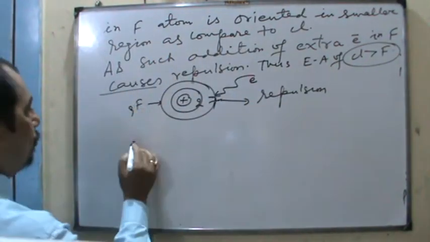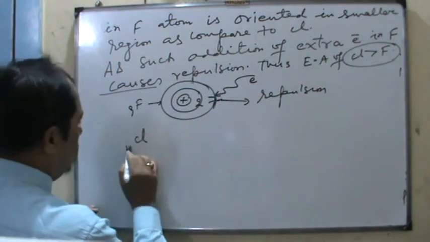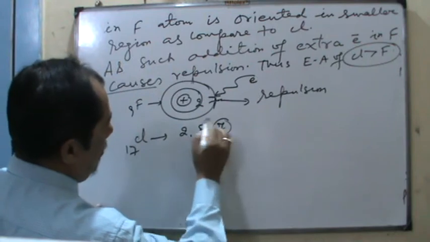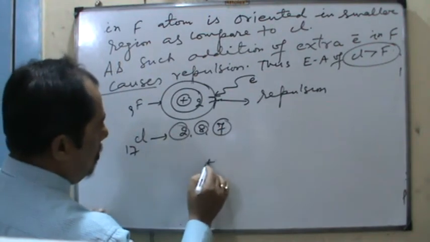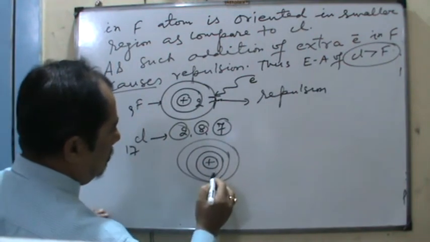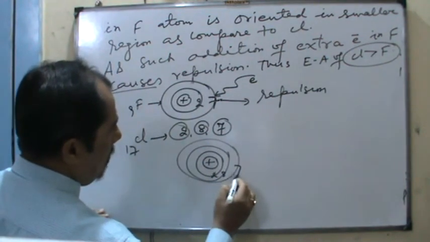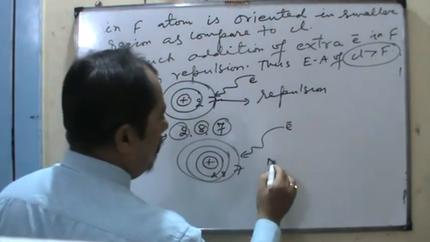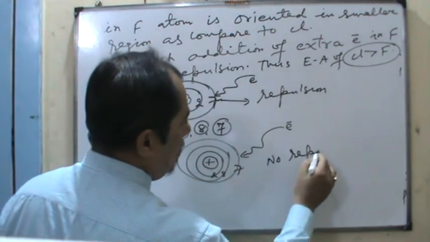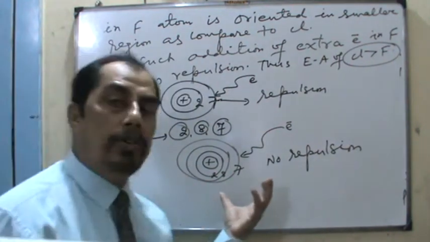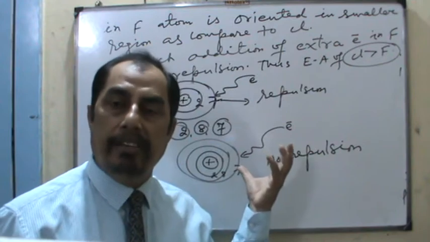But so far as chlorine is concerned, it is 17, with 2, 8 and 7. There are 3 energy levels, so it is the nucleus, first shell, second and third. Addition of an extra electron can be easily adjusted with no repulsion, because the size of chlorine is greater than fluorine.